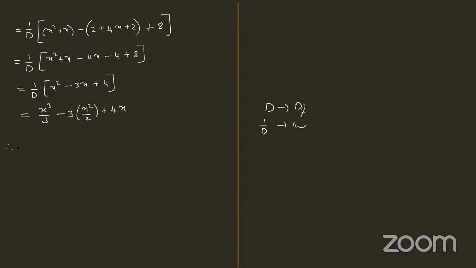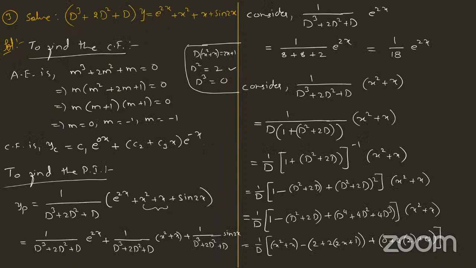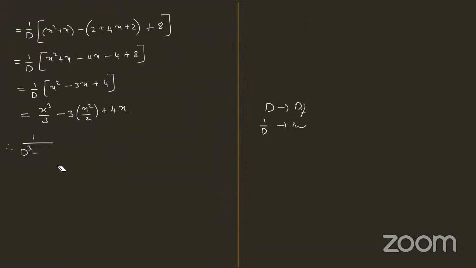So therefore, if you just write all this, 1 divided by d cube plus 2d square plus d, if you operate this on x square plus x particularly, we got it as x cube by 3 minus 3x square by 2 plus 4x.